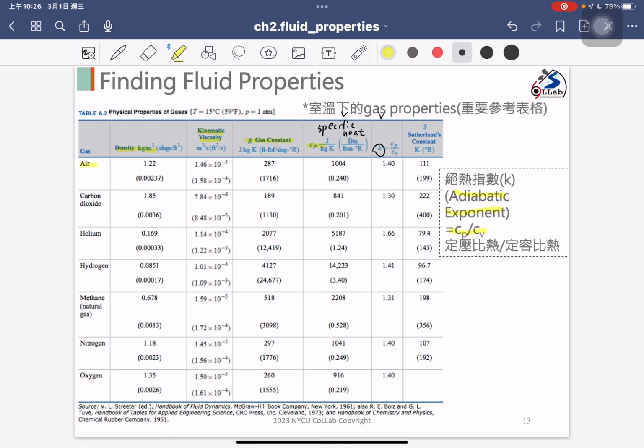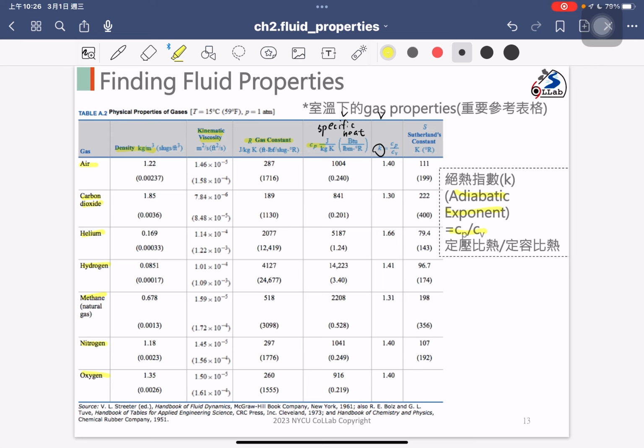important gases: the air and the CO2 and the helium and the hydrogen and the methane and the nitrogen and the oxygen. So for all the important gases you can check the table for the physical properties like the density and the kinematic viscosity. This is a very important table.